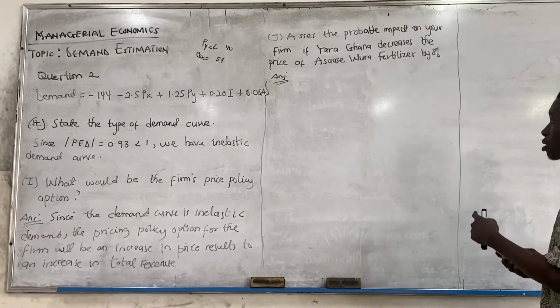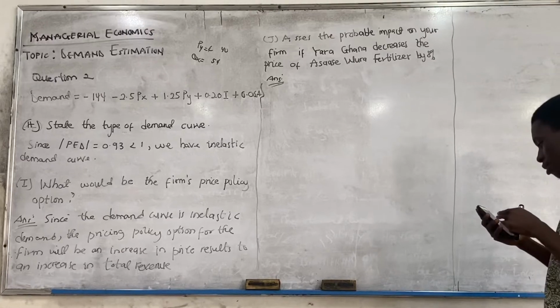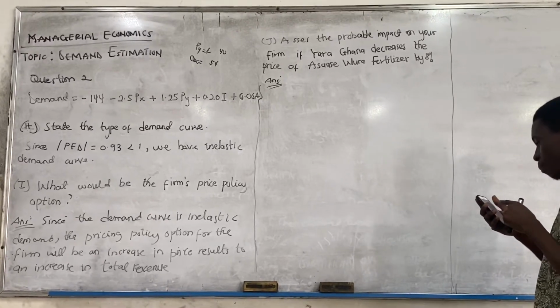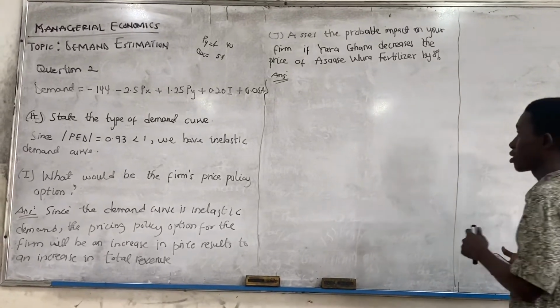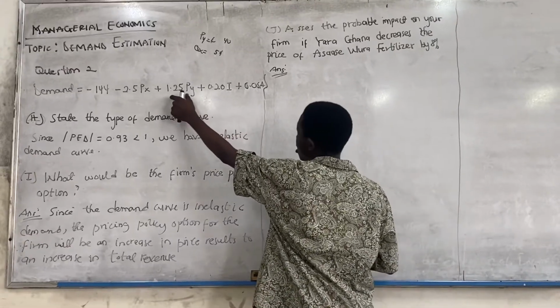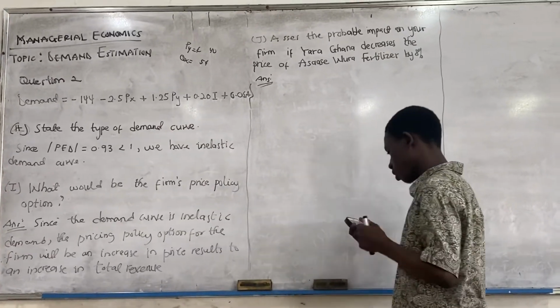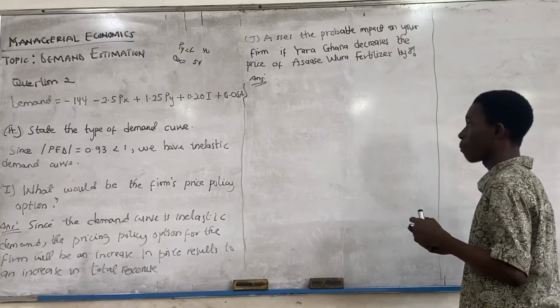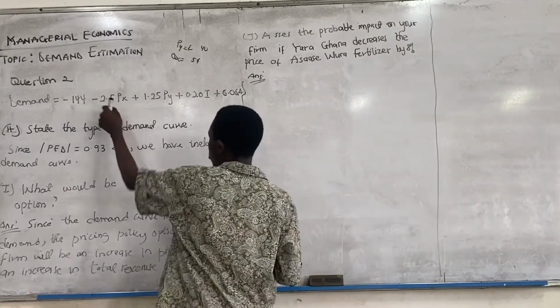With Asasura, the price of Asasura fertilizer per bag is noted as PY, which is this, for Asasura. Then the price of bedrock fertilizer per bag is this.